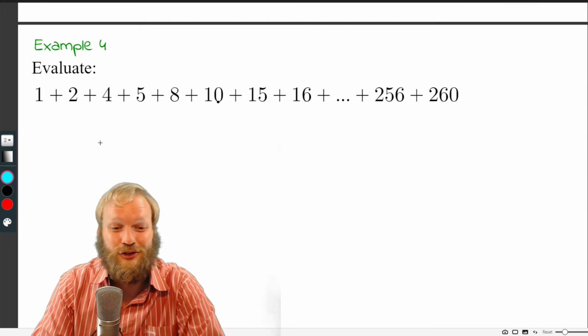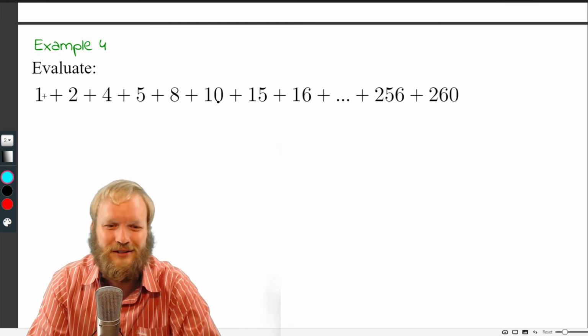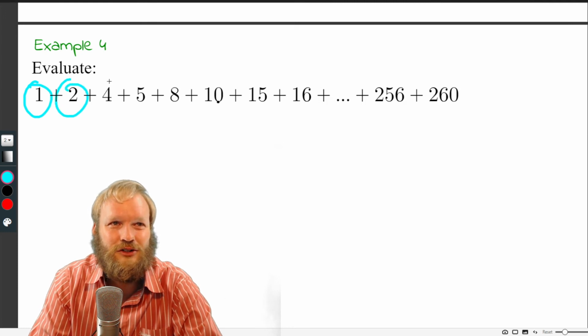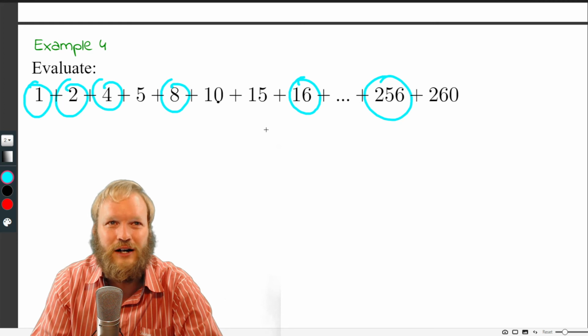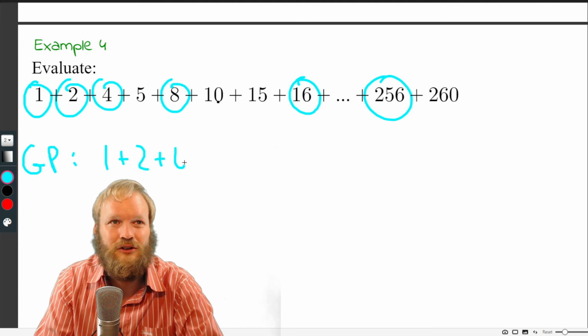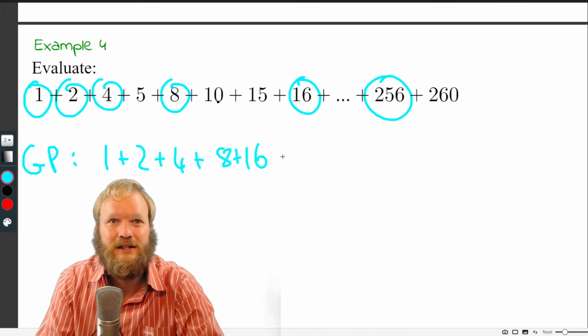Okay, I'm going to circle the way I see it. Like all of these, there are different ways of doing it, but 1, 2, 4, 8, 16, 2, 5, 6. That looks like a lovely GP. 1, 2, 4, 8, 16 plus 256.